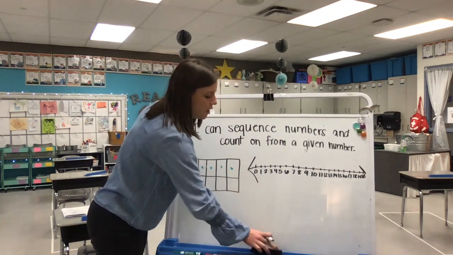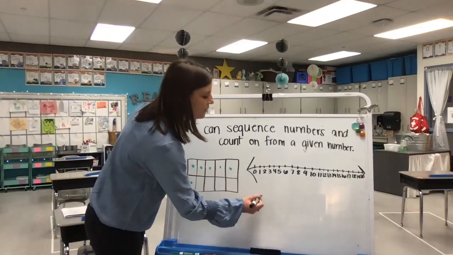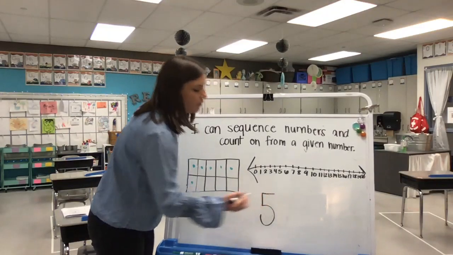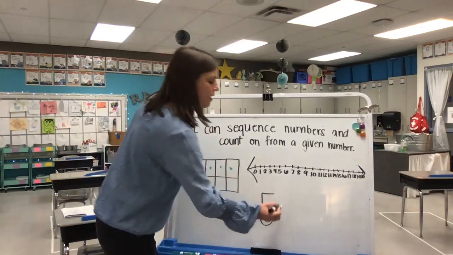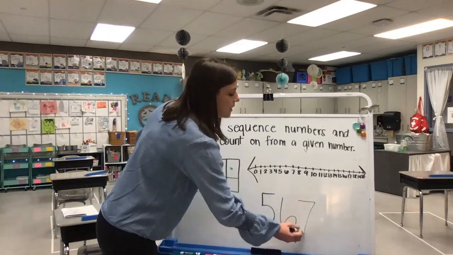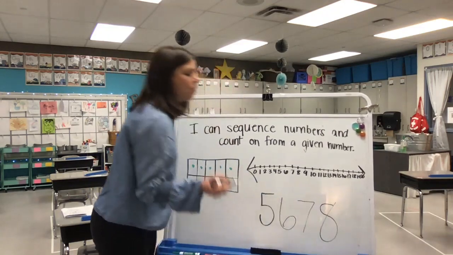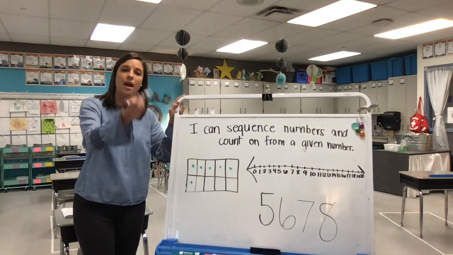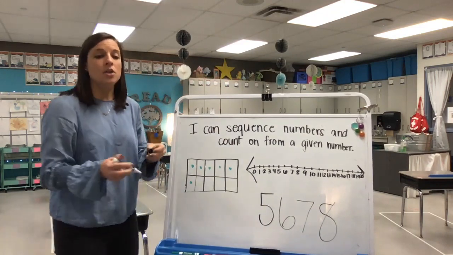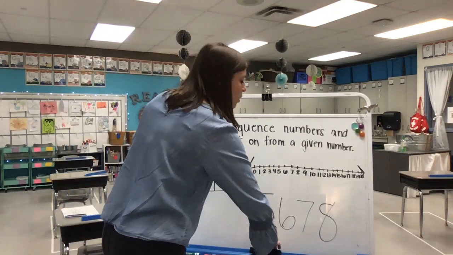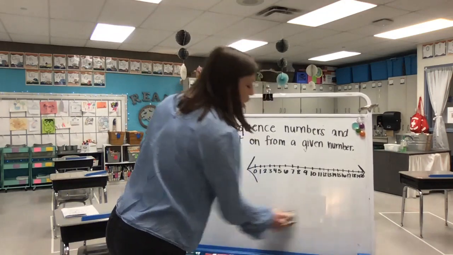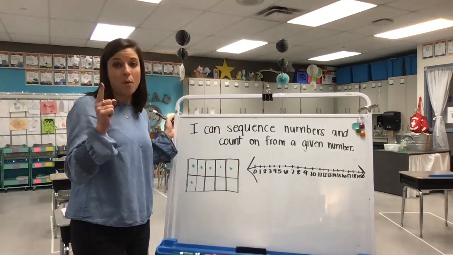If I gave you the number 5 to start with, let's count on from the number 5. What number comes after 5? 6. Then what number? 7, 8, and we can keep counting. 9, 10, 11, 12. Okay, so when we're putting our numbers in order, 1, it's important to know our numbers when we count.